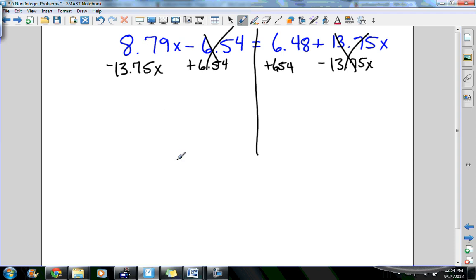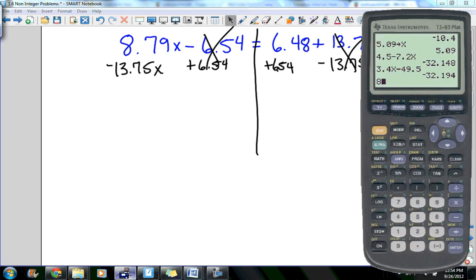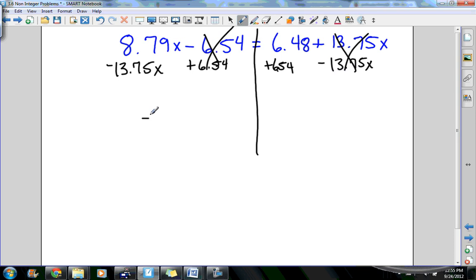So I'm going to have to use my calculator on this. So I get 8.79 minus 13.75. So it gives me negative 4.96. And on the other side, I'm going to get 6.48 plus 6.54. So I get negative 4.96 and 13.02.